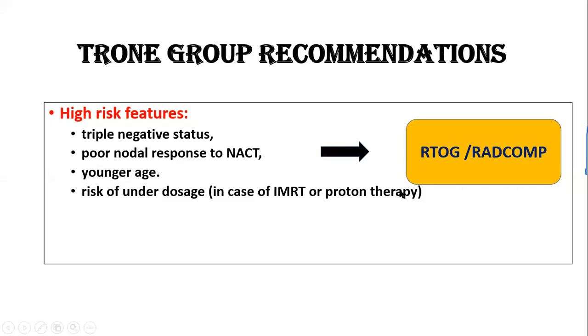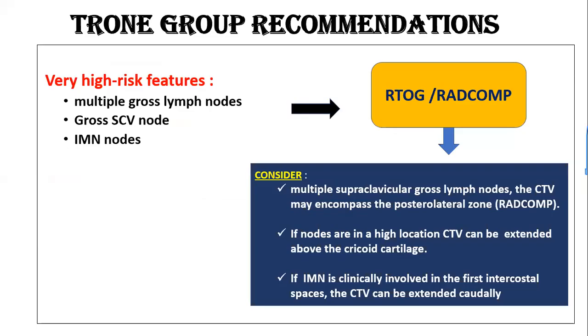And they have now again analyzed very high risk features. So what are the very high risk features? These are multiple gross lymph nodes, or a gross supraclavicular node, or an IMN node. So these will be our very high risk features. So the TRON group recommends that we should follow RTOG or RADCOMP guidelines in this.